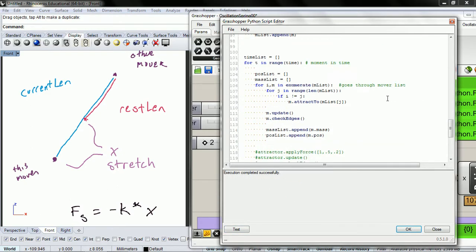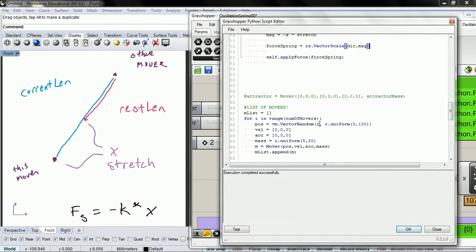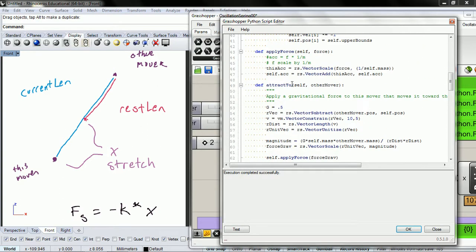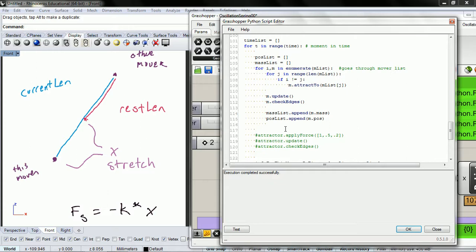Okay, so now let's go in and we're just going to substitute out our attract_to, and let's rename this attract_to by gravity, or gravity_attract_to. So we just need to put spring_to.